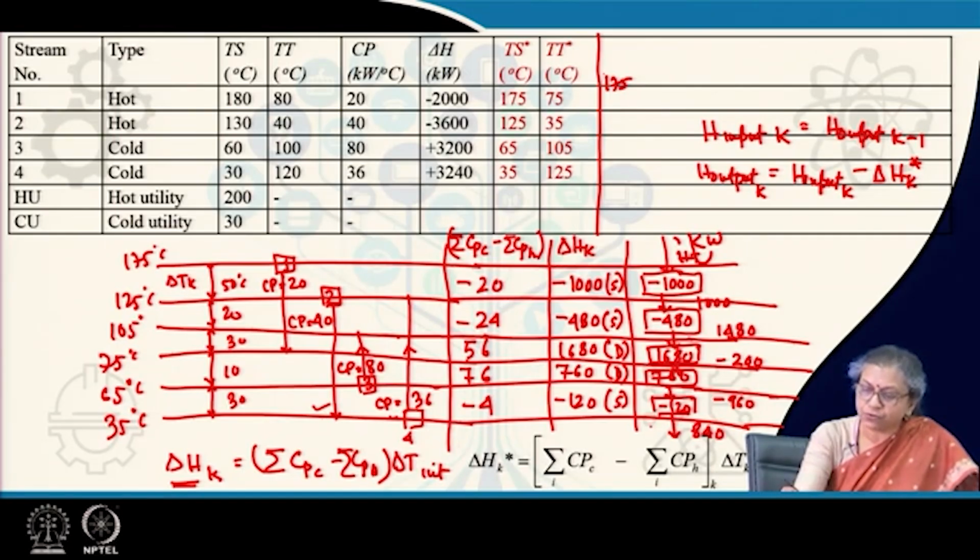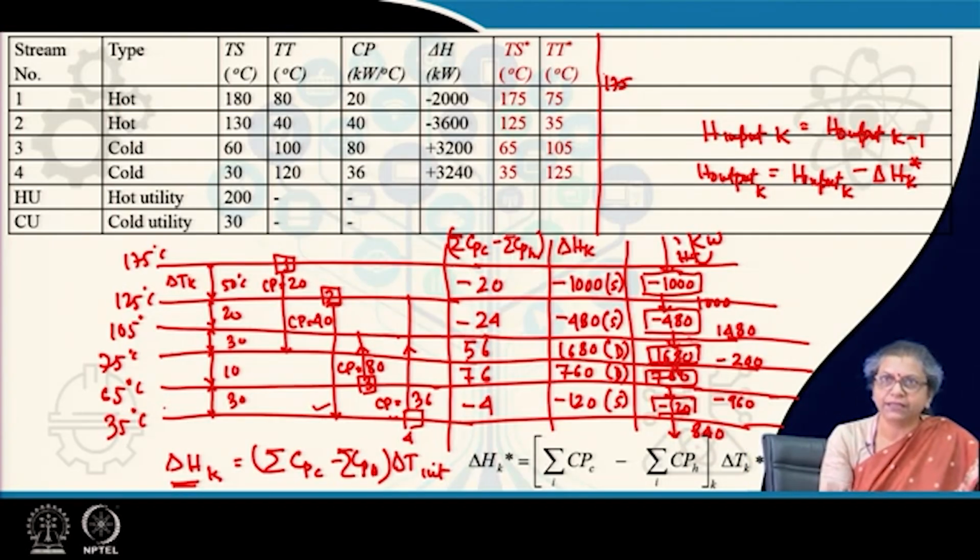Now, try to understand one thing: what have we tried to do here? We have tried to formulate the heat flow through a cascade, where each particular cascade is bounded by the intervals which have been formed. All these intervals have been formed by the shifted start and target temperatures for the hot and cold streams which I have considered.